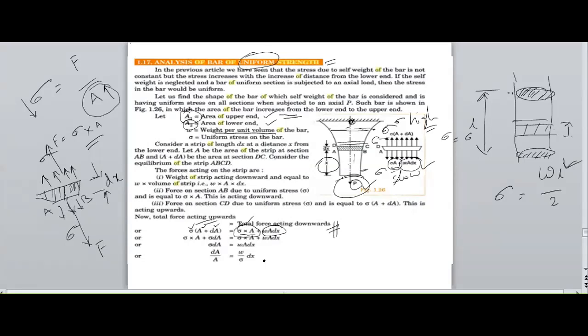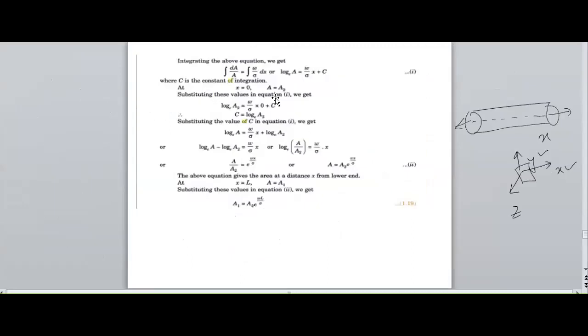Therefore, simplifying this, we get the relation dA by A is equal to omega by sigma into dx. To achieve the total area, that is, the area varying with length, I need to integrate on both sides.